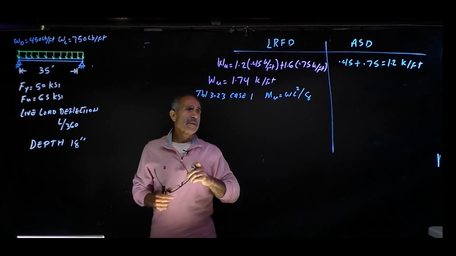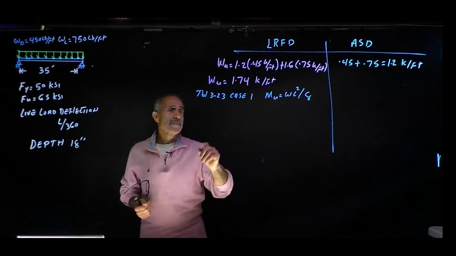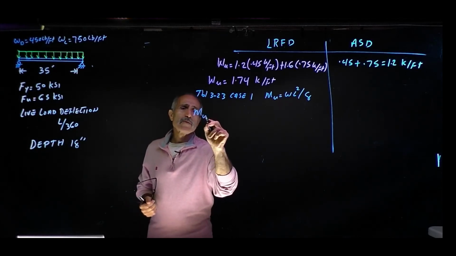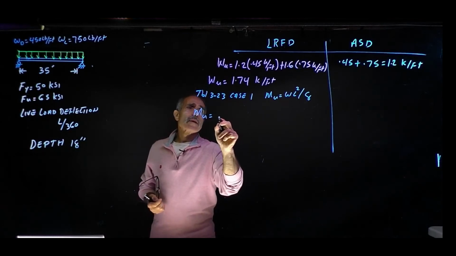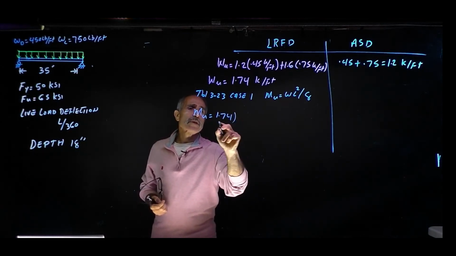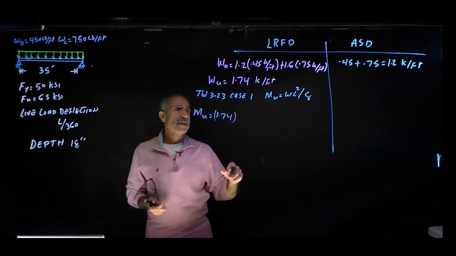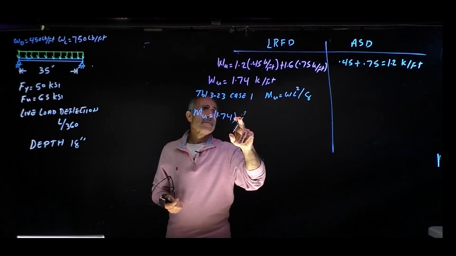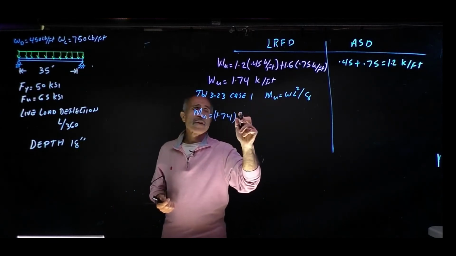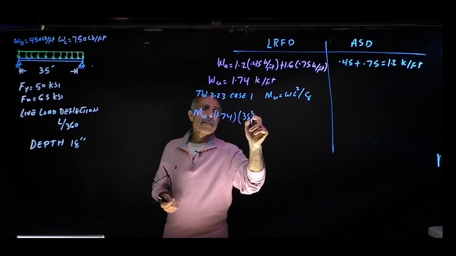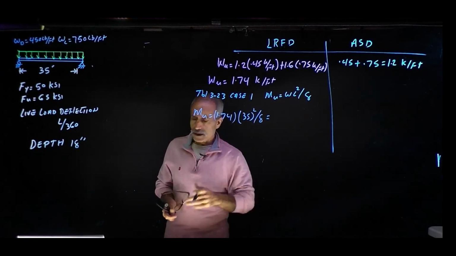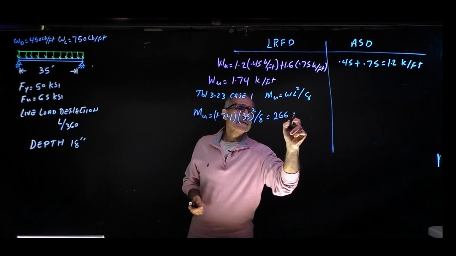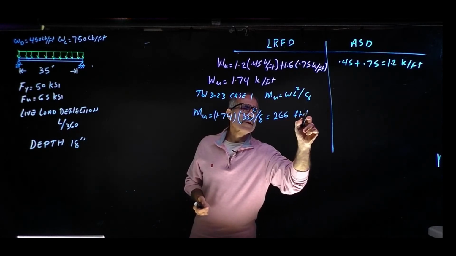So let's calculate the Mu. Mu comes out to 1.74. This is not including the beam weight here. Times the length, 35 squared. Divide that by 8, and that comes out to 266 foot kip.